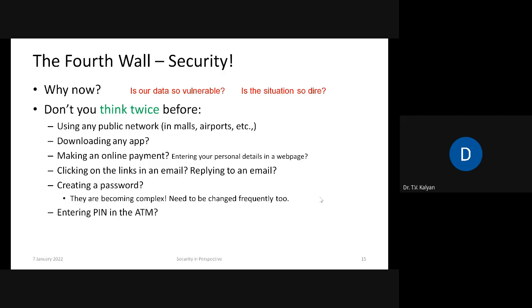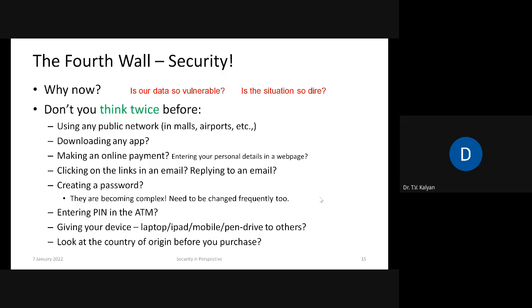And when entering the PIN at the ATM, we check twice that nobody is looking over our shoulder, or that the CCTV camera in the ATM is not directly pointing at the keypad. We should be mindful of all such small things. In general, whenever we give our mobile, pen drive or laptop to anybody we are not too well acquainted with, we think twice.